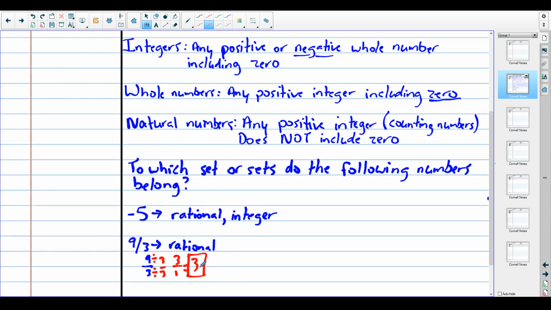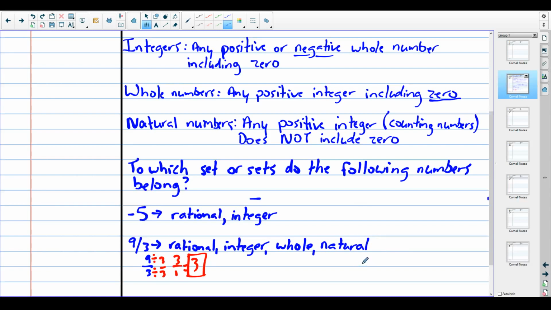It's still rational. Is it an integer? Well, it's positive, so it gets to be an integer. Is it a whole number? Well, it's positive, we said that already, so it gets to be a whole number. And is it positive and also not 0? Yes, it is. So it also gets to be natural or counting.